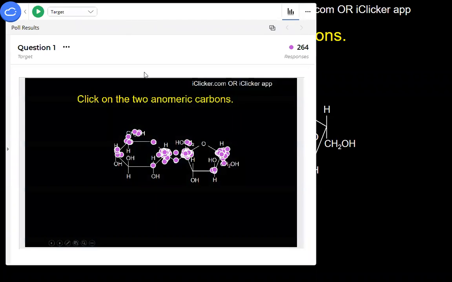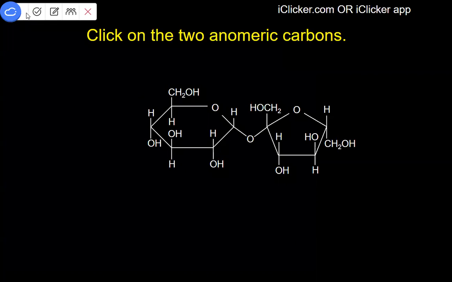So now, what's the rule? I gave a rule just a few minutes ago. How do you find the anomeric carbon? It's the carbon that has 2 bonds to oxygen, right? So in each case, the anomeric carbon will have 2 bonds to oxygen. If you look at these monosaccharides individually and you follow them through, that one only has 1 bond to oxygen.